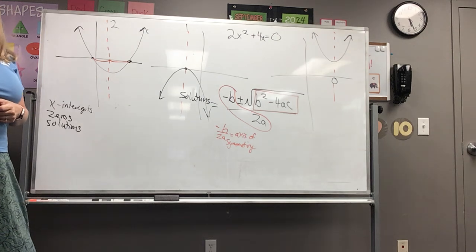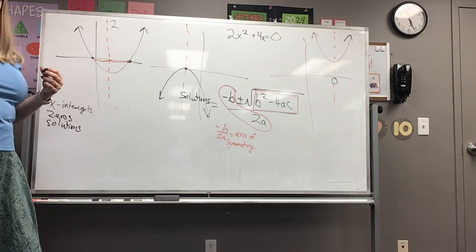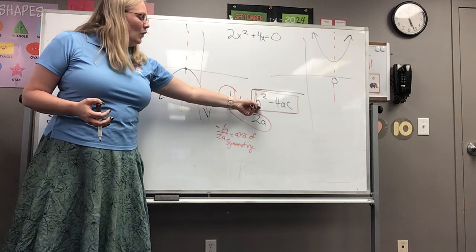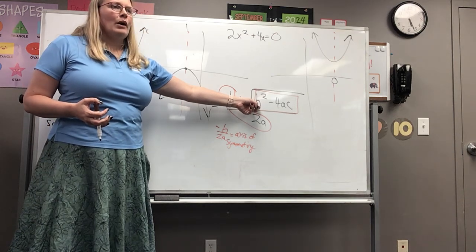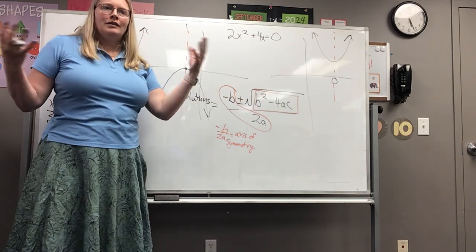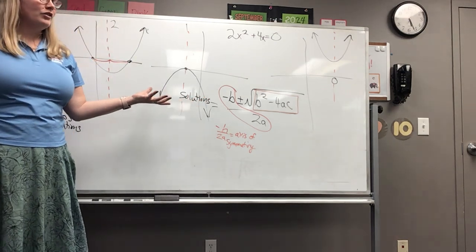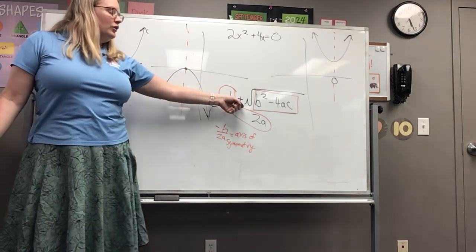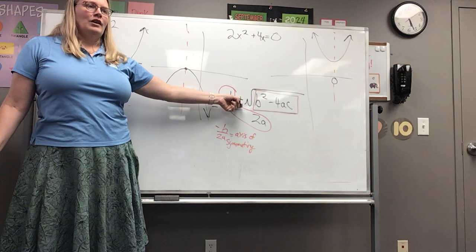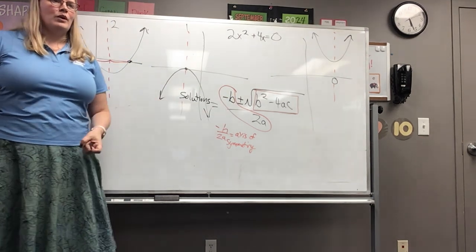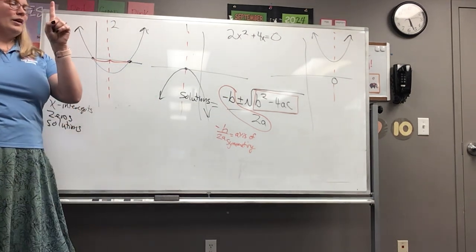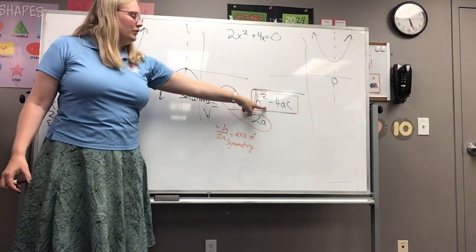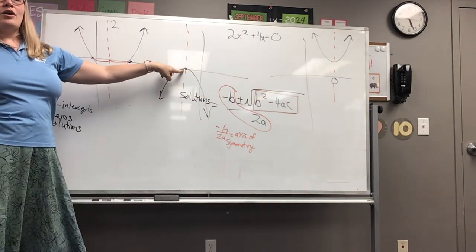That's the 2 solutions. But, if instead, what if this ends up being 0? It disappears perfectly into just 0. Does plus 0 or minus 0 change anything? So how many answers do we really have? 1. And so if this equals 0, that is our 1 solution.